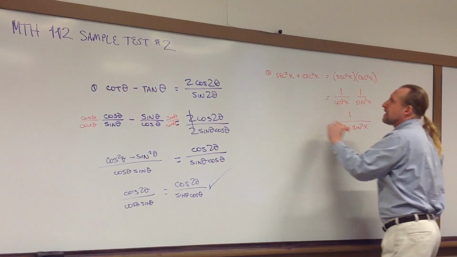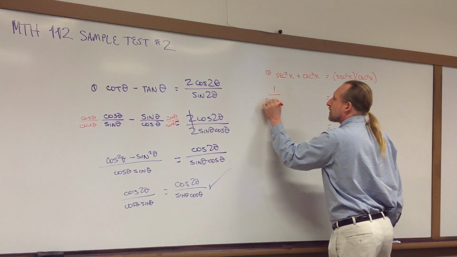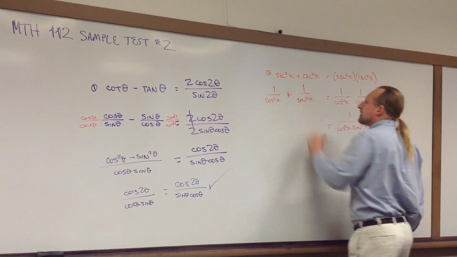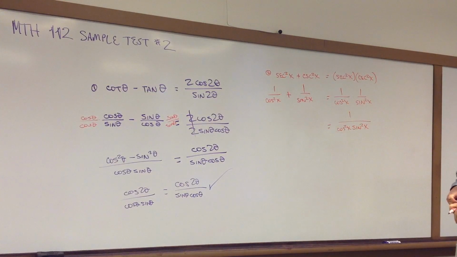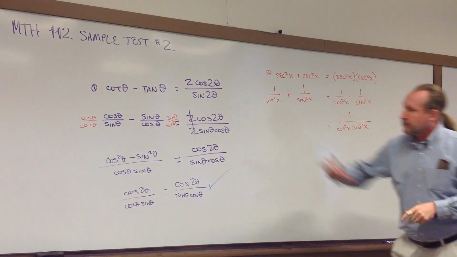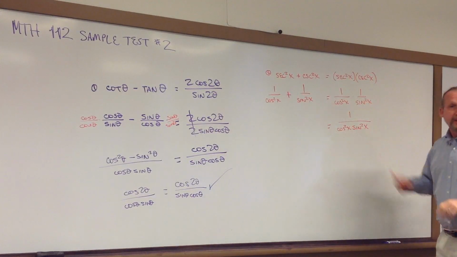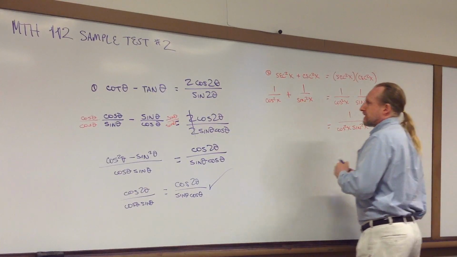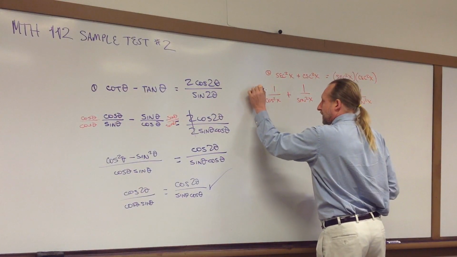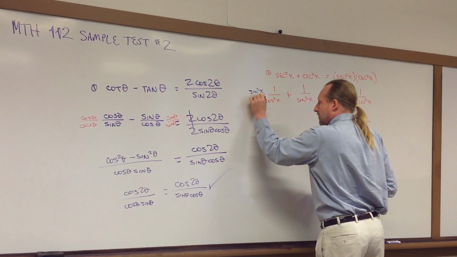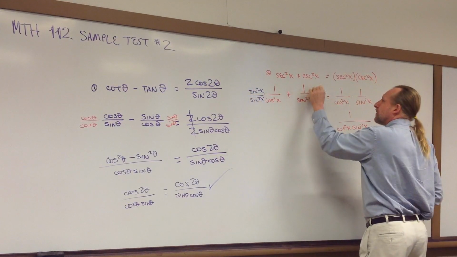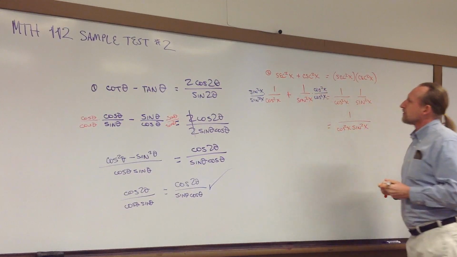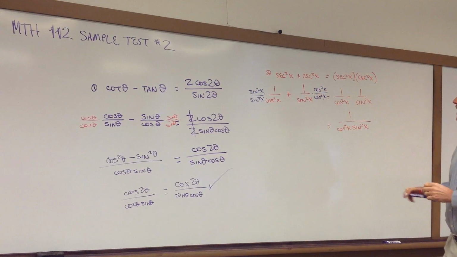Okay. Over here, it's going to be 1 over cosine squared x plus 1 over sine squared x. And again, we have to make a common denominator. And just like in problem 1, this is going to be our common denominator. So to create that over on the left-hand side, this one gets multiplied by sine squared over sine squared, and this one gets multiplied by cosine squared over cosine squared.